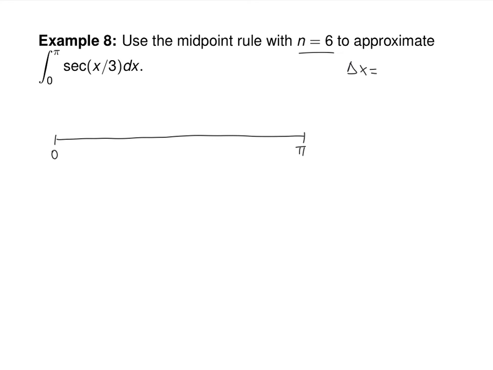How wide is each subinterval? Pi over 6. Yep. So you've got pi over 6, 2 pi over 6, 3 pi over 6, 4 pi over 6, 5 pi over 6, and 6 pi over 6. I know some of those reduce, but it's easier to think about them not reduced, at least for now.